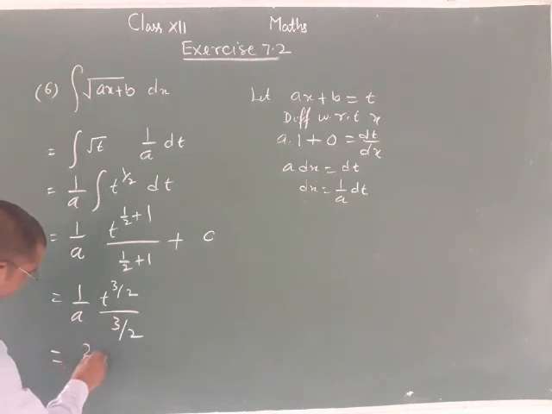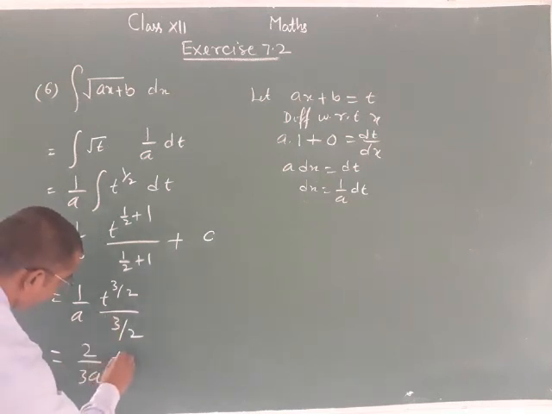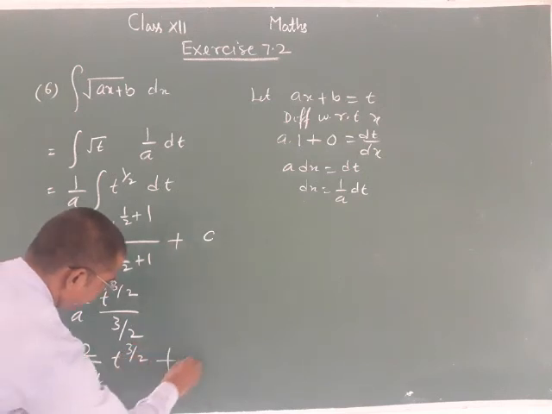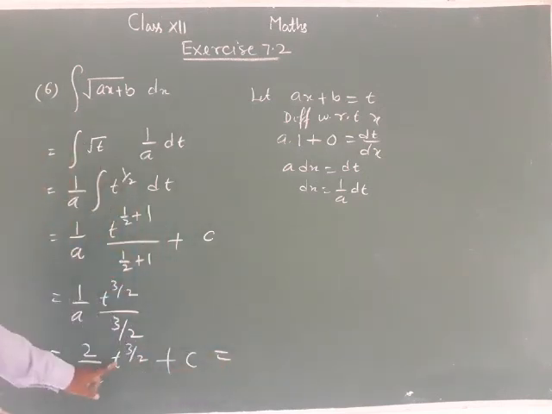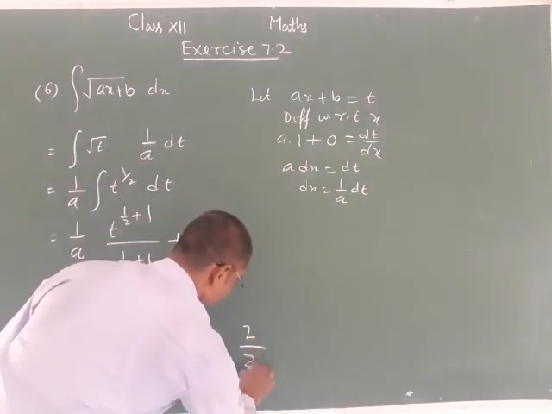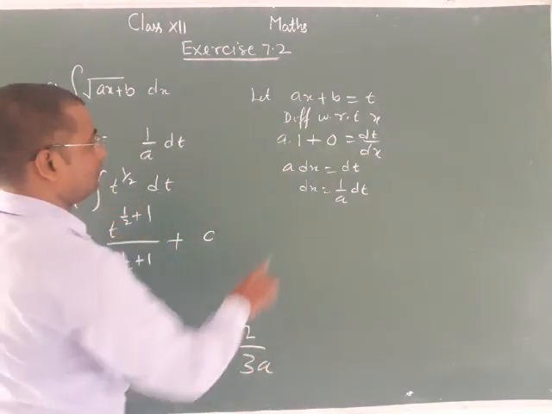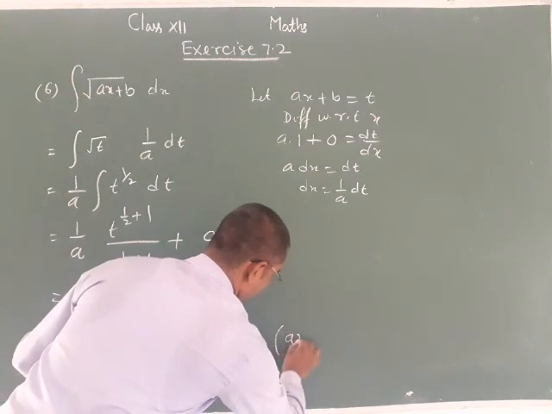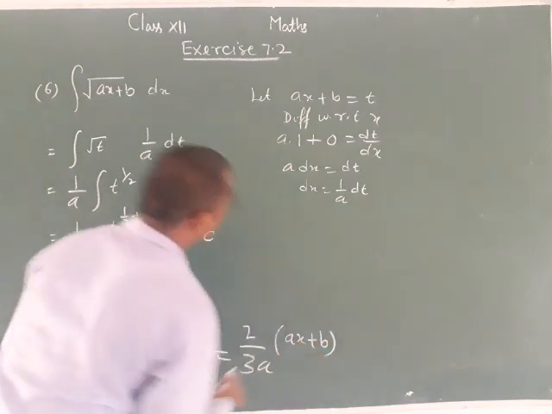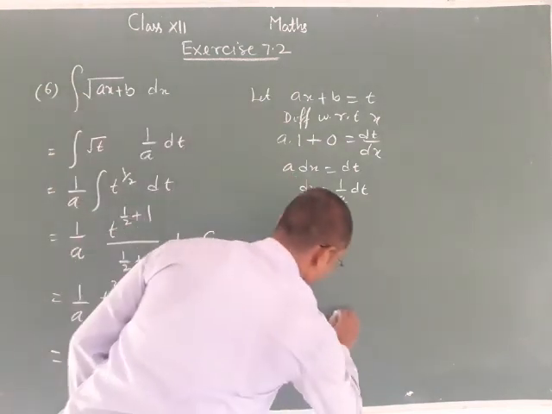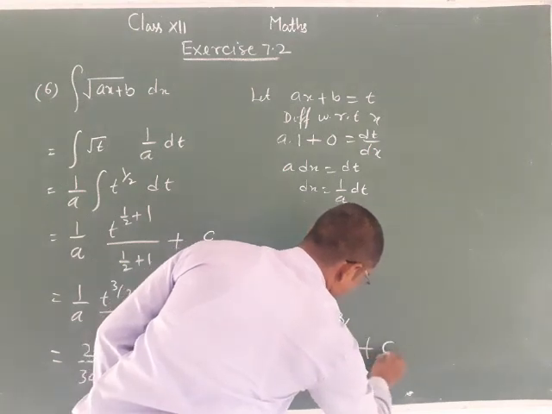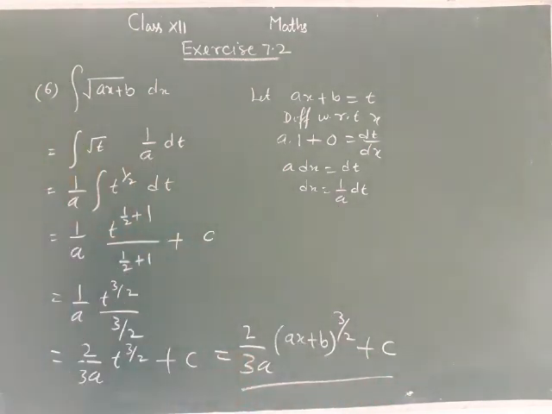So 2 upon 3a, t to the power 3 by 2 plus c. Also change back to the variable x: 2 upon 3a, (ax plus b) to the power 3 by 2 plus c. This is the answer.